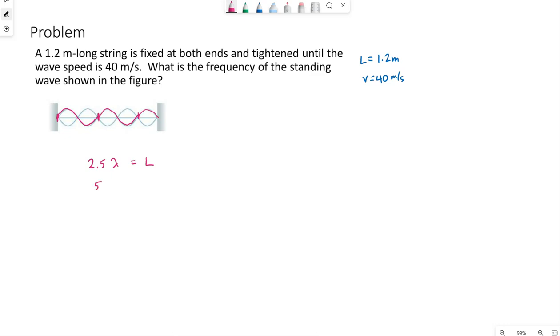So 2.5, that would be 5 halves wavelengths. So I can say that the wavelength of this particular pattern that we're seeing is 2L over 5.